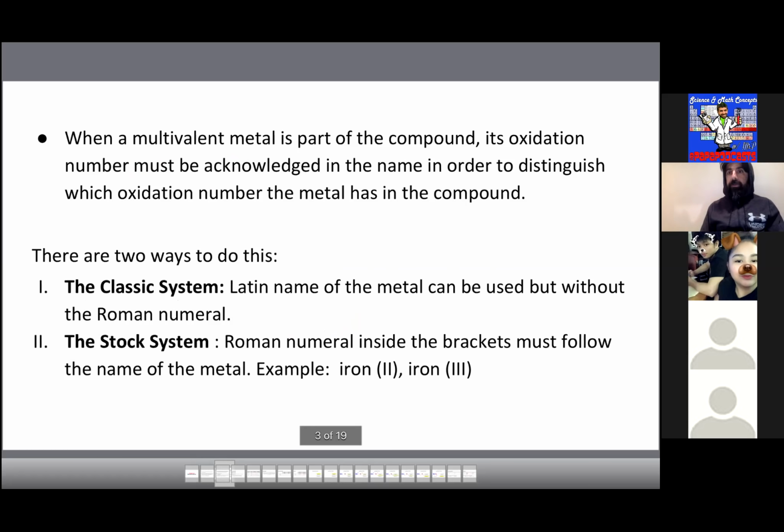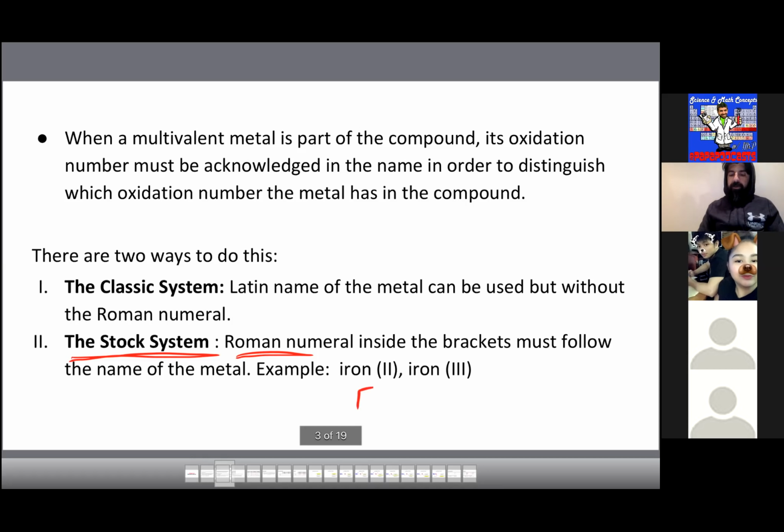Okay, so there are 2 systems that we use. The most commonly used one is going to be the stock system. The stock system will use Roman numerals. So if you look at the examples here, I wrote out iron, the +2, +3 moments ago with lesson 4.1. So here's iron 2.